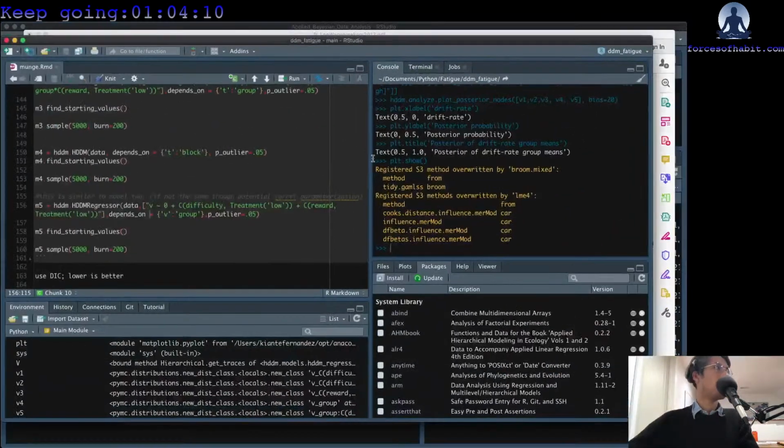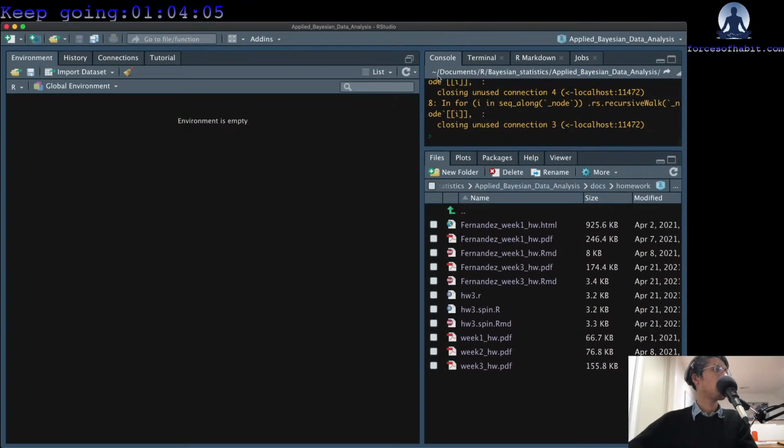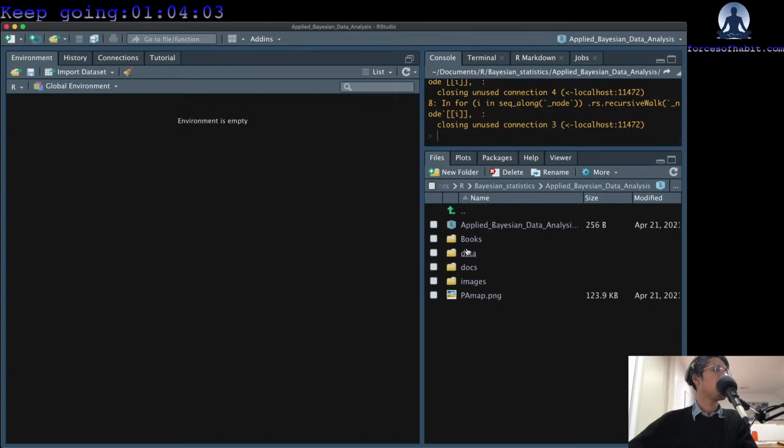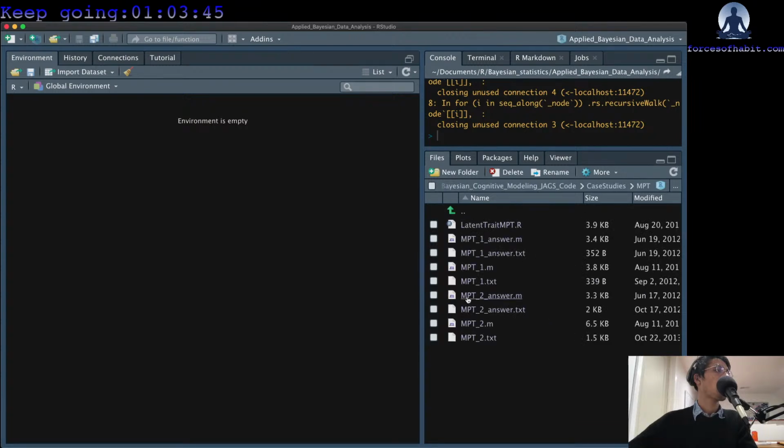Let's go get the code now. This will be interesting because I'm not sure we're getting some implementation of this in R here.